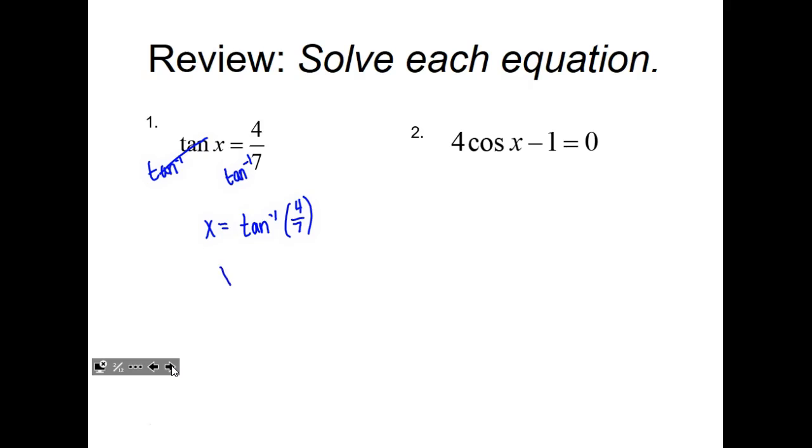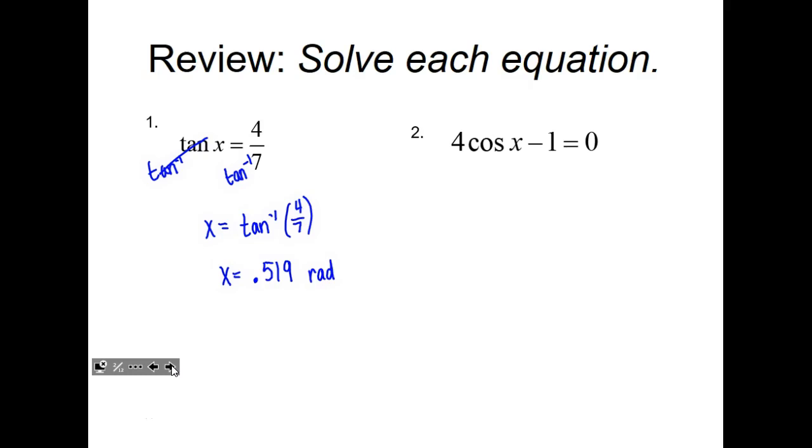Somebody who has a calculator handy, do tangent inverse of 4 over 7 and tell us what we get there. 519. That's probably in radians. It does not matter. We just need to know which one it is so we can label it.